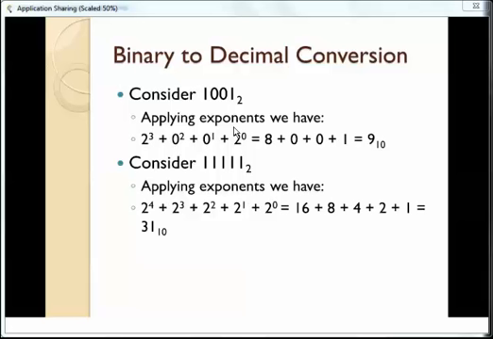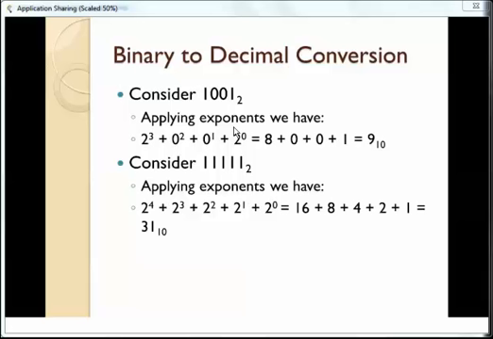Then we add to it the 0 from our next position, and the actual position is going to be our third position, but again, our exponent value of 2, because we're starting with 0. And in the same way, our next 0 is going to have the exponent value of 1. And then finally, we have 2 to the value of 0.